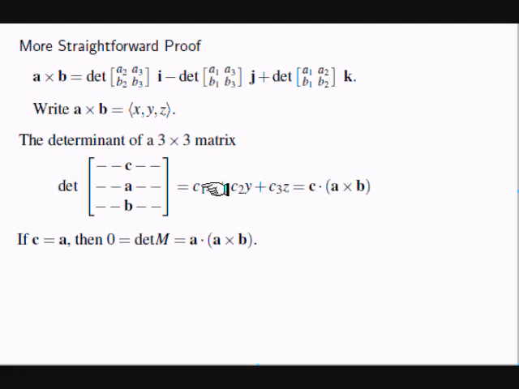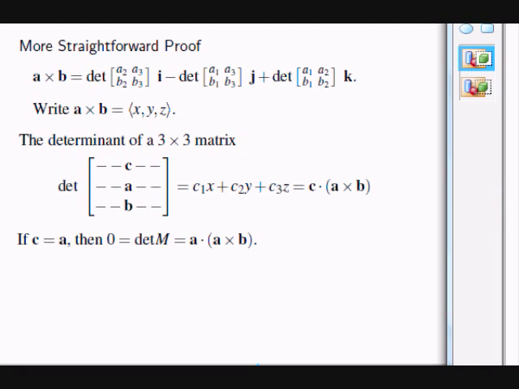Therefore, the determinant of M here is 0, which makes this dot product 0. Whenever a dot product is 0, we know the two vectors, A and A cross B, are perpendicular to each other. That proves the property of the cross product, namely that it is perpendicular to one of the factors involved in the cross product.